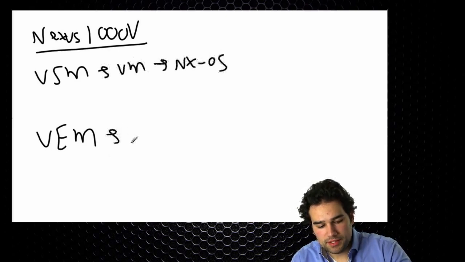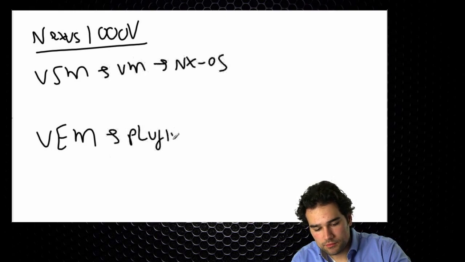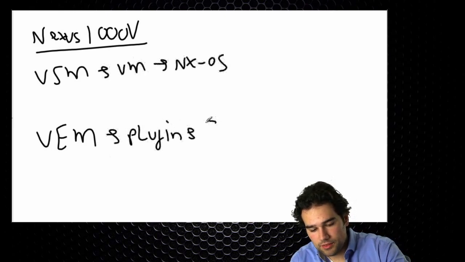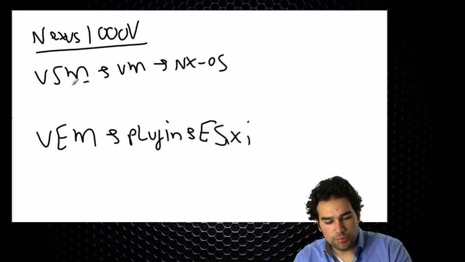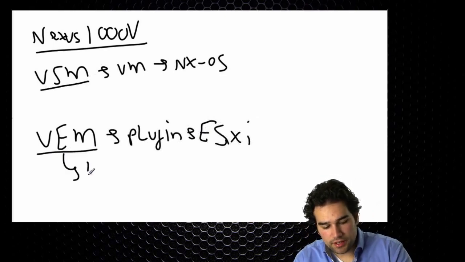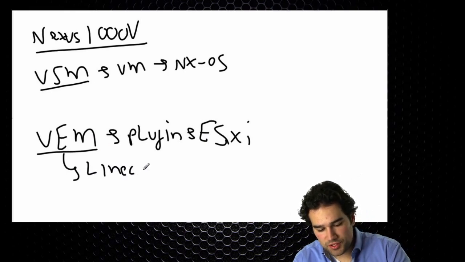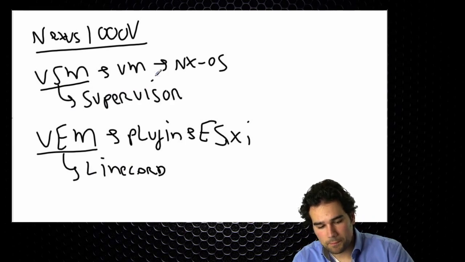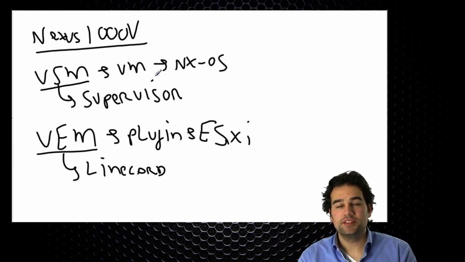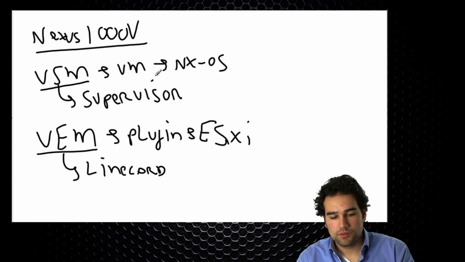The VEM is a plugin inside the ESX hosts. So 2 components. This is considered the line card of the switch. This is considered the supervisor of the switch. So 2 major things that we need to take care of.